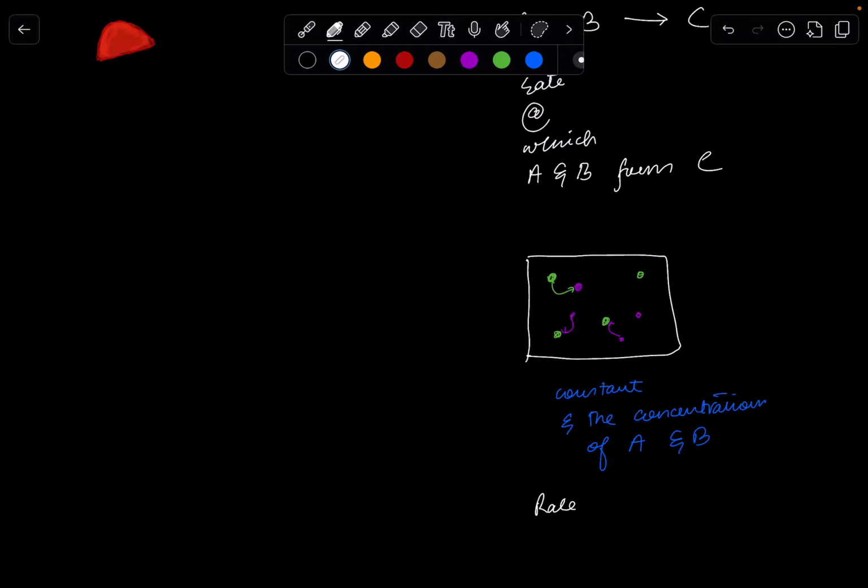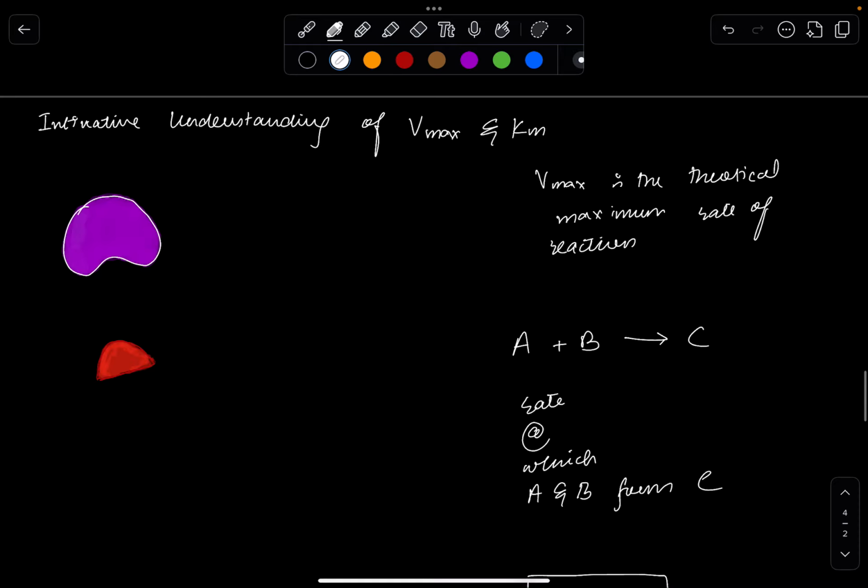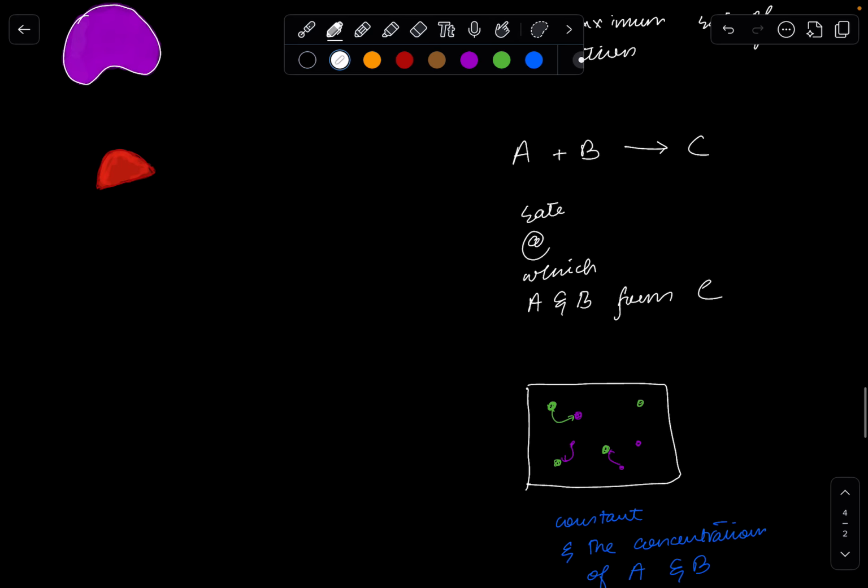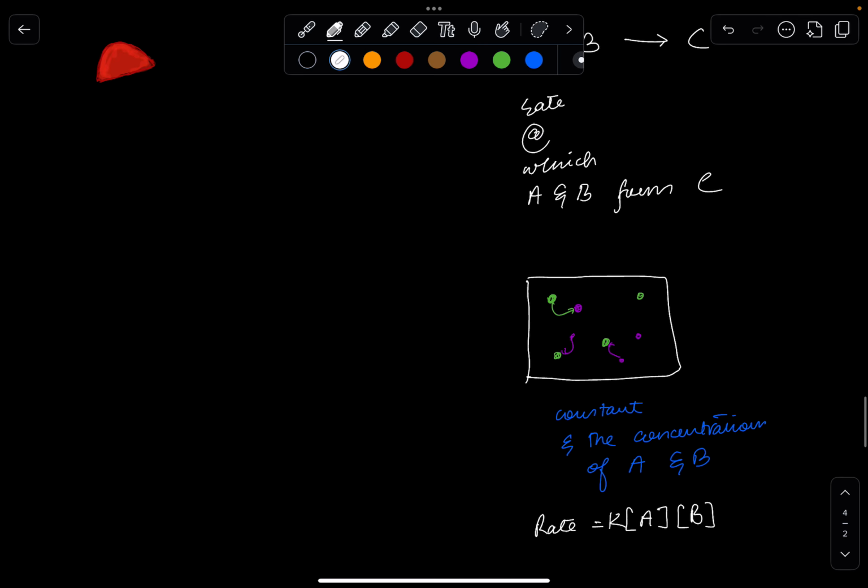Rate is concentration of A, concentration of B, times some constant K. And so when I'm asking you what is the maximum theoretical rate of reaction or the maximum velocity, it's dependent on what? The concentrations of the reactants.